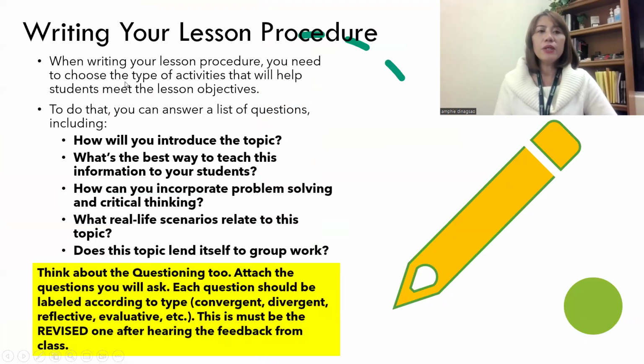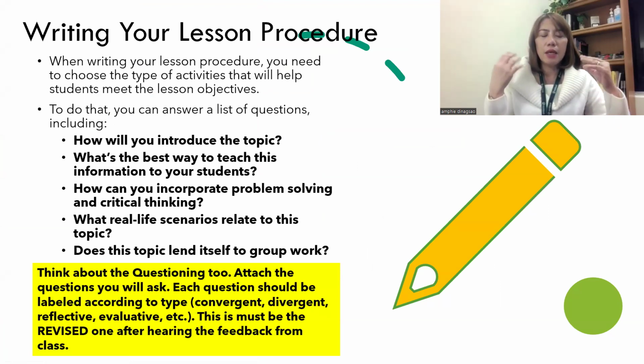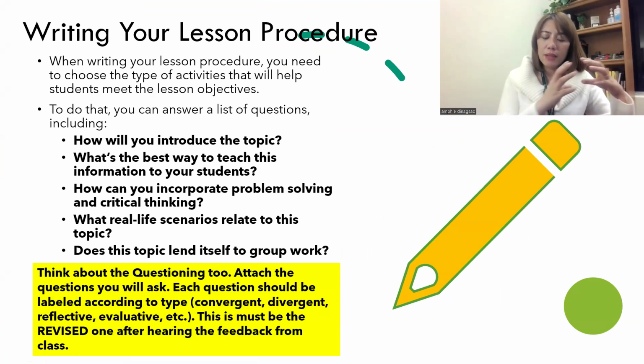When you're writing your lesson procedure, you need to choose the type of activities that will help students meet the lesson objective. When you have this topic and the objective already, the objective is what will guide you on what activities to use, or if there's a video that you're going to show and all that. So think about how you will introduce the topic.